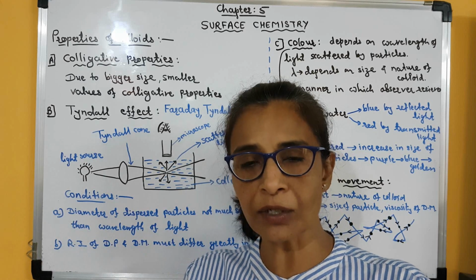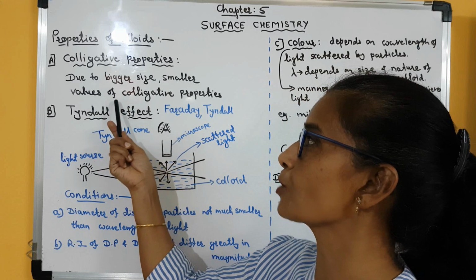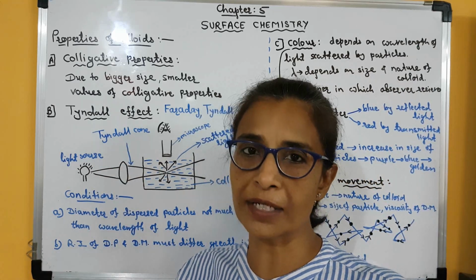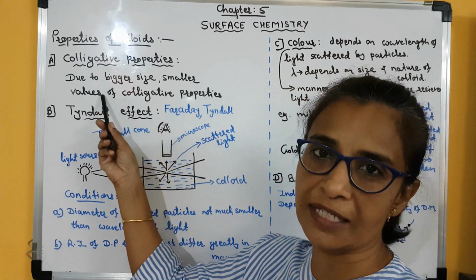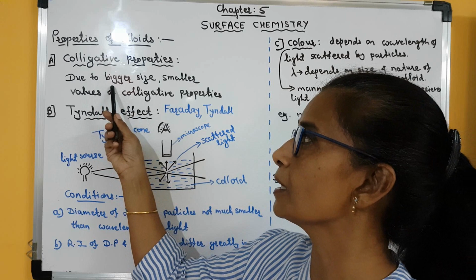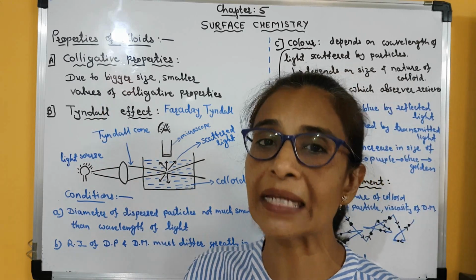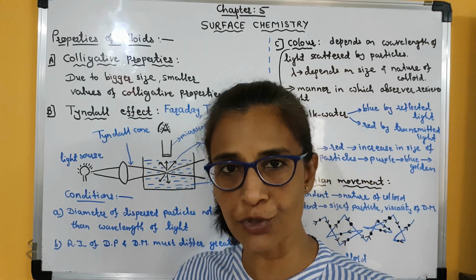Compared to the true solution, all the 4 colligative properties will give us smaller values for the colloidal solution. The reason is the difference in size. In colloid, the colloidal particles are bigger aggregates, and that's why they are bigger in size compared to the particles of a true solution.